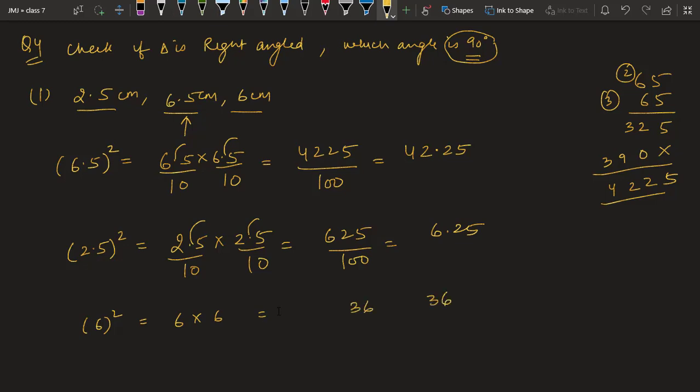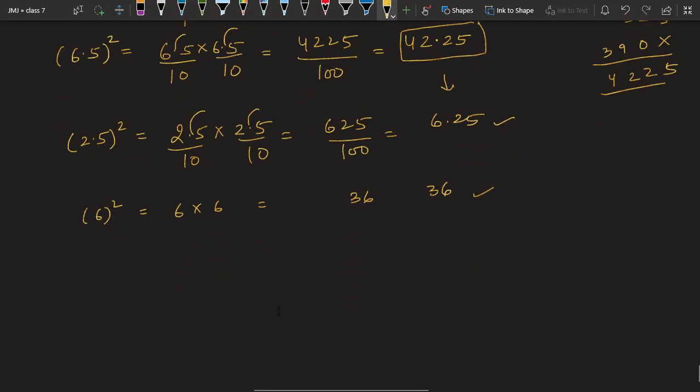If you observe, we can say that this is equal to the sum of these two. How? Because 36 plus 6.25 is 42.25. So we can say 6.5 square is equal to 2.5 square plus 6 square.